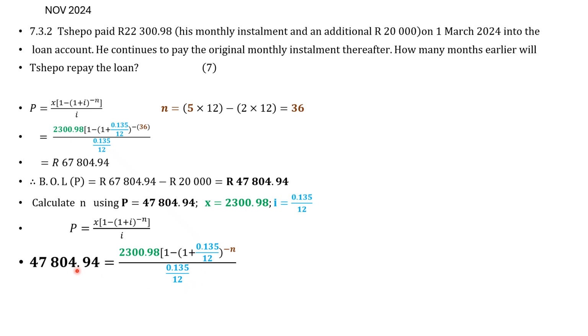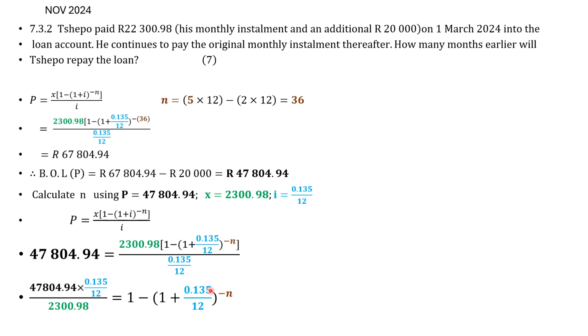So technically, I'm going to say 47,804.94 times 0,135 over 12, divided by 2,398. All right, so I'm left here with 1 minus 1 plus 0,135 over 12 to the negative n.